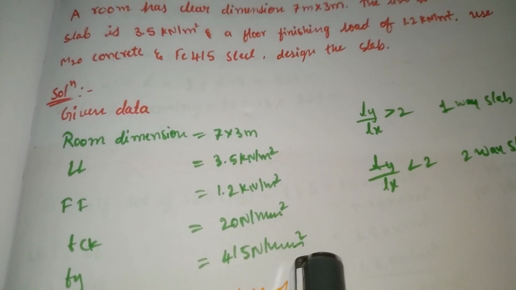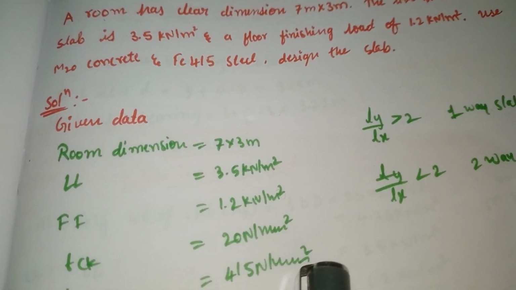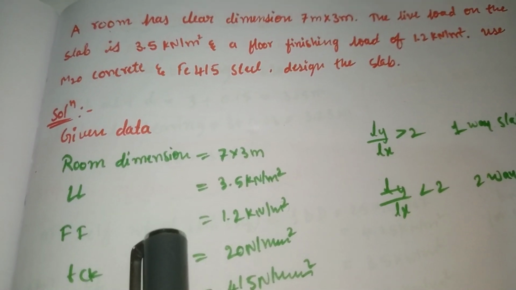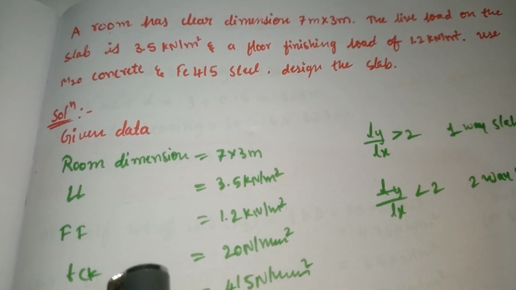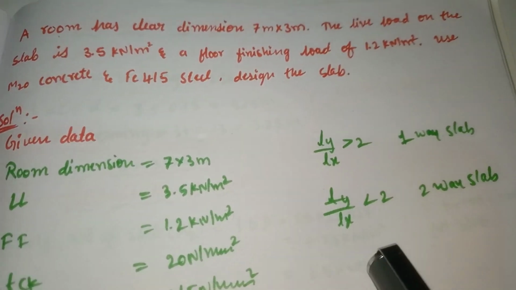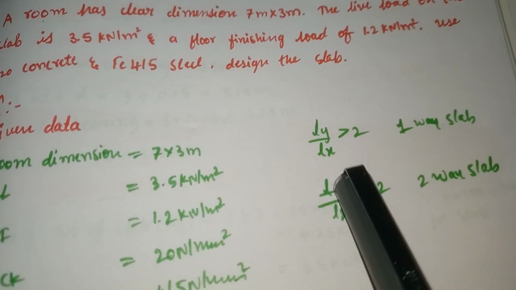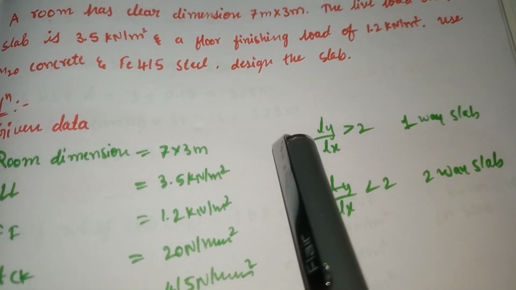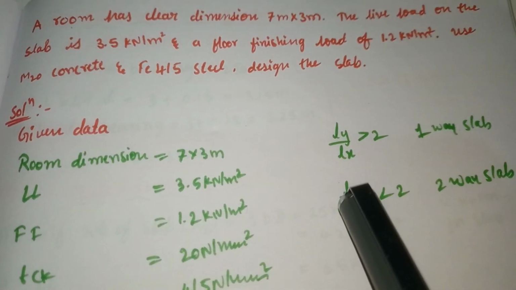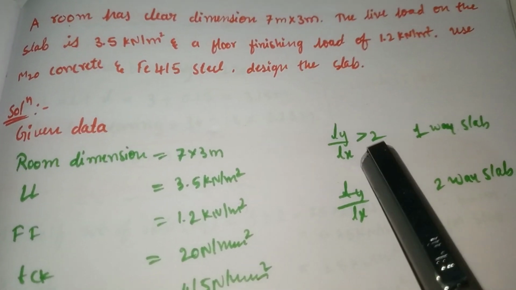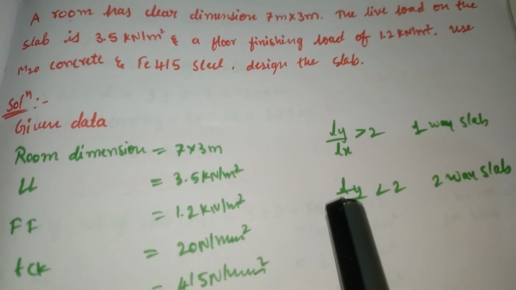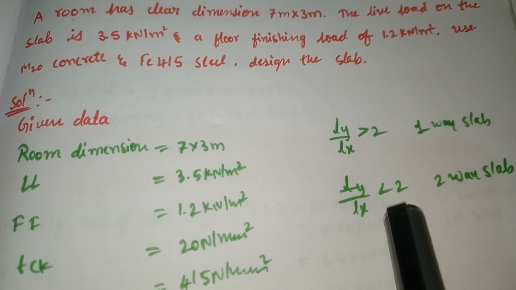Newton per mm square. So in design of slab, the first step is to check whether the given problem is a one-way slab or a two-way slab. For a one-way slab, our Ly by Lx ratio, the longer span to shorter span ratio, is greater than 2, and for a two-way slab the Ly by Lx ratio is less than 2.